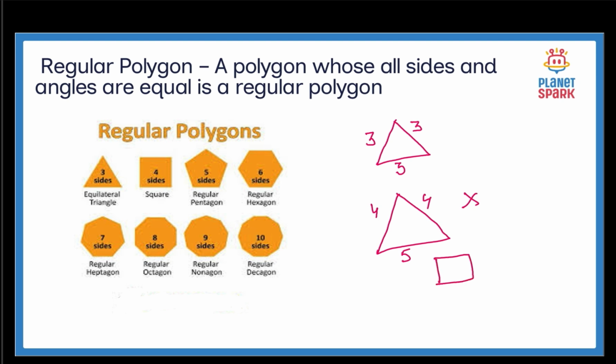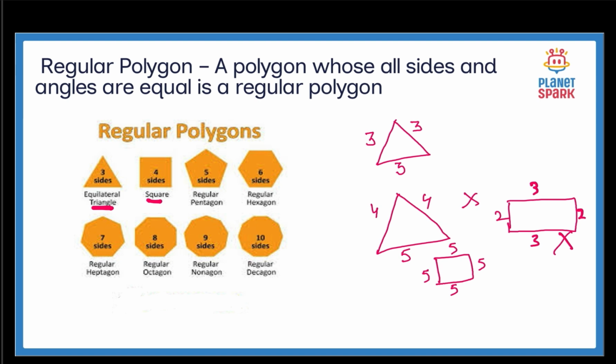Similarly, square is an example of a regular polygon because all sides of a square are equal. But if I draw a rectangle with length and breadth as 3 and 2, since all sides are not equal, it is not a regular polygon. So three-sided regular polygon is called equilateral triangle. Four-sided regular polygon is called square.